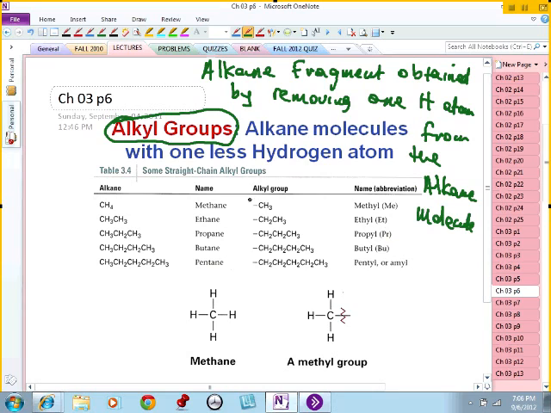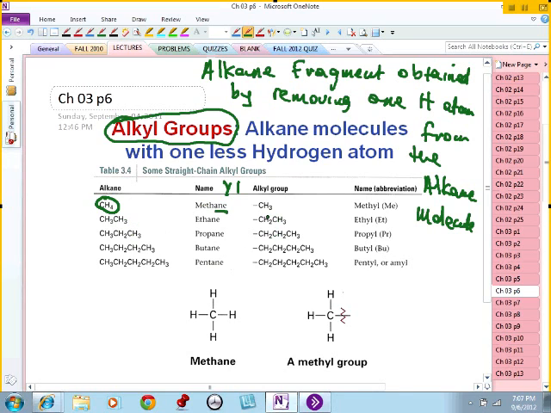Now, for example, look at methane. If we remove one hydrogen from methane, what do we get? We get a CH3, and the name for that is methyl. How do we arrive at that name? We remove the ANE ending of methane, the corresponding alkane, and replace it with YL. Look at ethane.